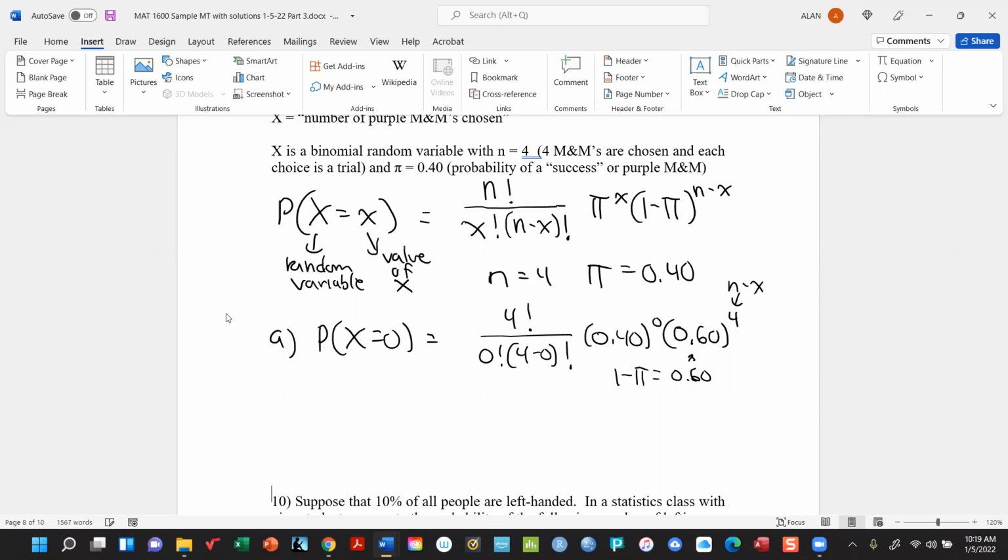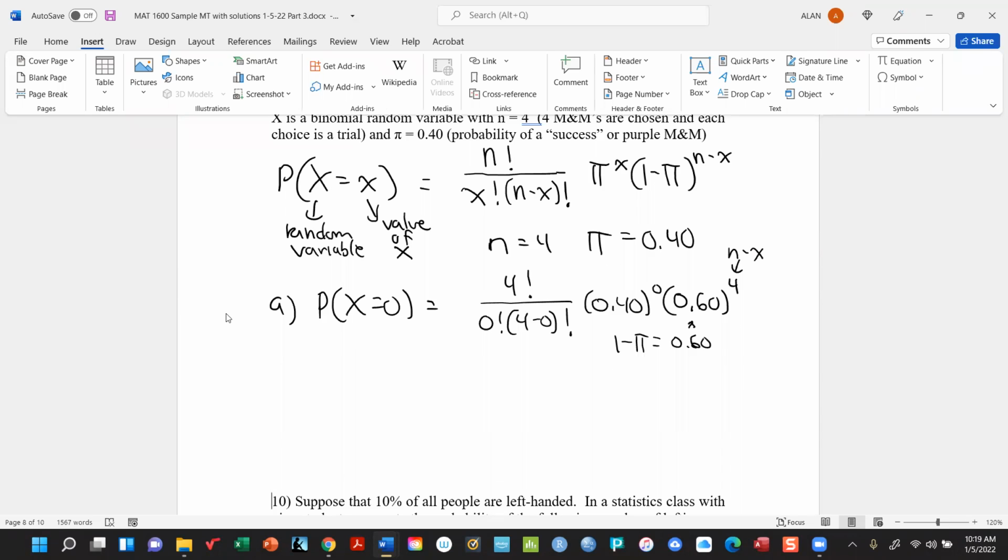Now, here's a helpful hint. Sometimes with these cases, you'll get some simplifications. Like here, for example, this one is going to reduce very nicely, because look what will happen.